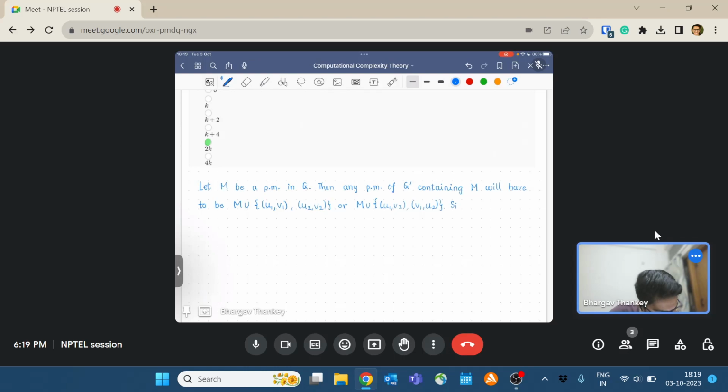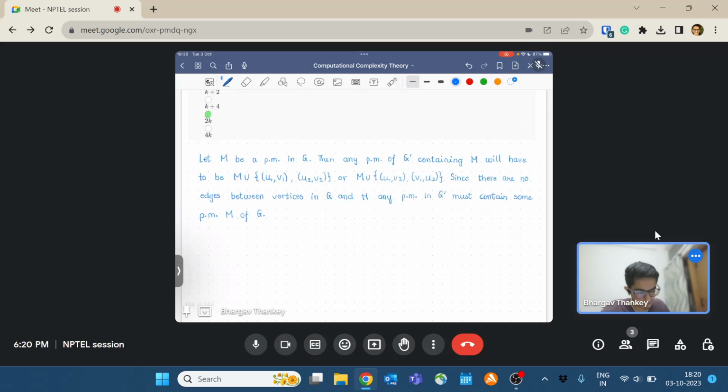So any perfect matching in G prime must contain some perfect matching M of G. The only way of constructing perfect matchings is taking a perfect matching and taking this or this.